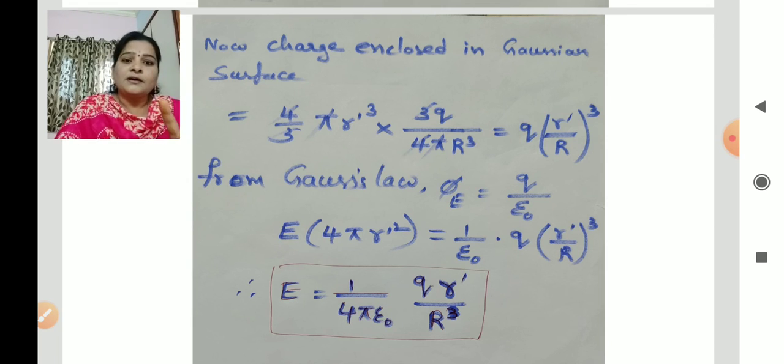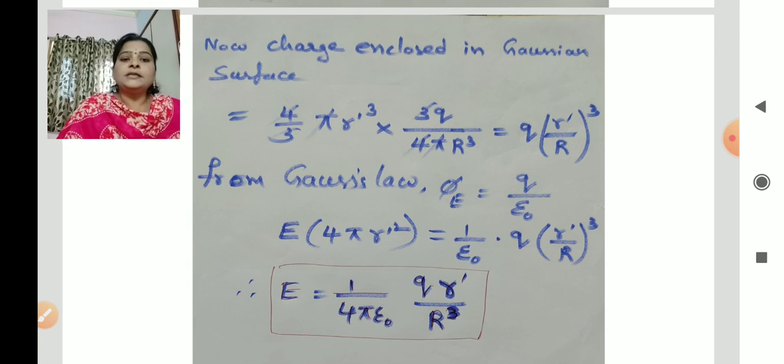And now the charge is that, and the electric flux is found to be E into 4 pi r prime square. So the flux is equal to q by epsilon naught, where q is the total charge enclosed by the surface, here the Gaussian surface. For that surface, the charge is Q into r prime by R whole cube.